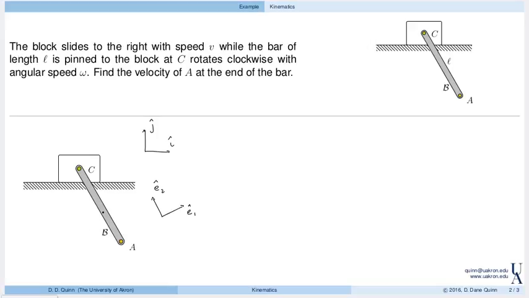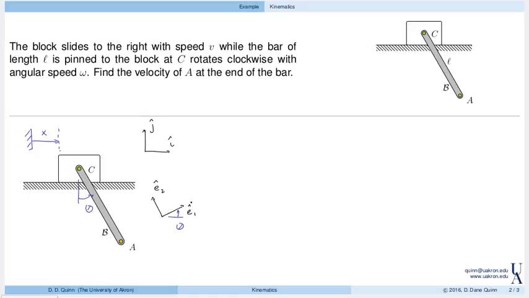So as the bar rotates, these directions rotate with the bar. Then we can identify coordinates x, which is the displacement of the block to the right, and then theta, which is the rotation of the bar. So here the directions E1 and E2 are oriented with respect to I and J by the angle theta.